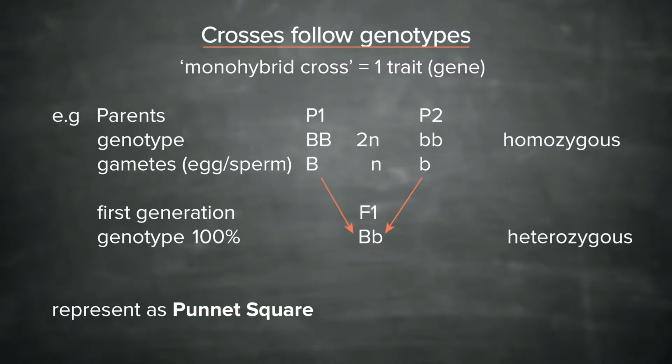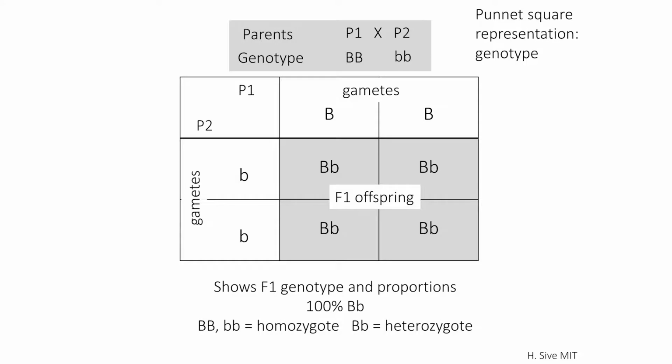Now let's look at our slides. Here, in the Punnett square, you can see that there's a kind of formalization of how you represent things. The parents are represented along the side and the top of the square, and the gametes are represented next to the parent.